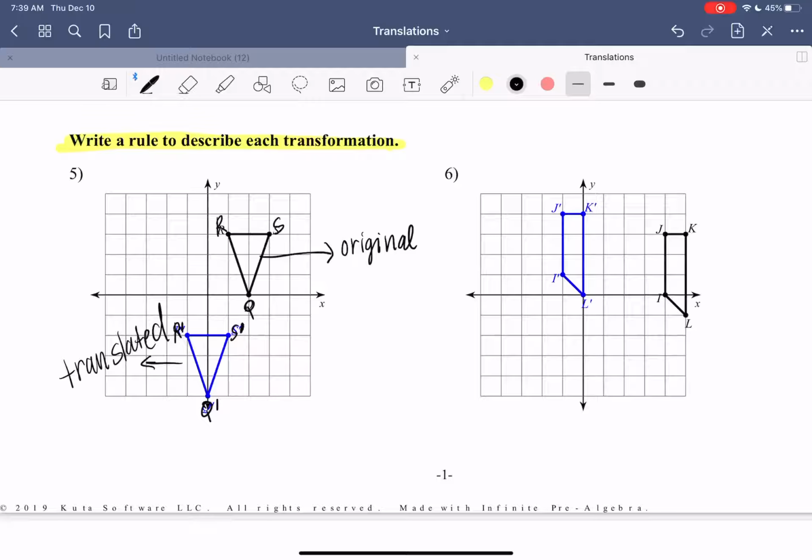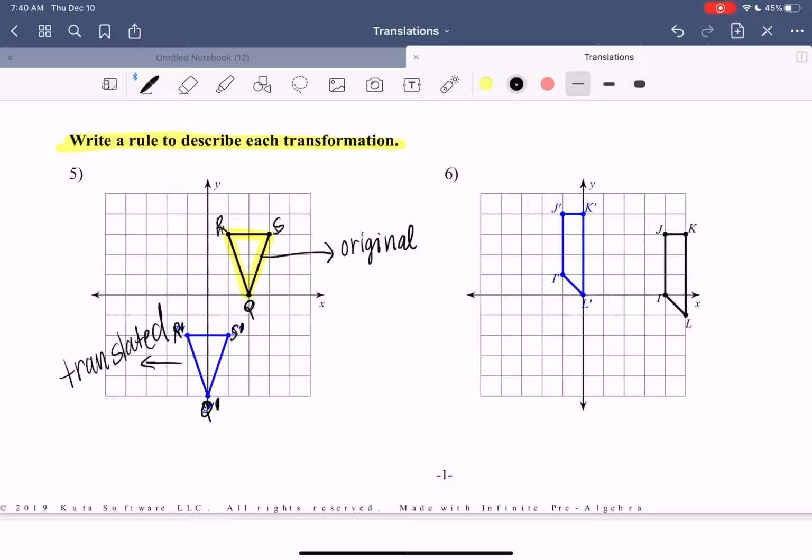So what they're asking is, how did this original shape that I'm highlighting in yellow get to the translated shape? There is a mathematical way of describing this, and I'm going to teach you about it right now.